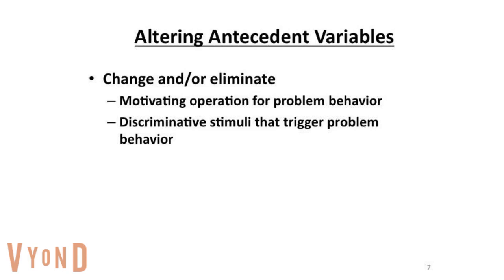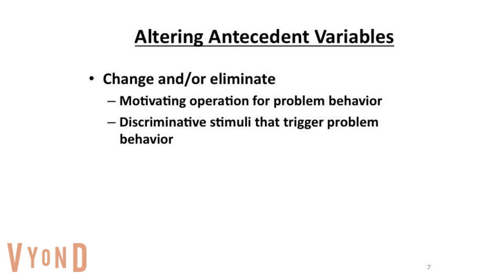For example, if you were to change the motivating operation for attention-seeking behavior, we would go back to, I forget what chapter it is, abolishing operations and non-contingent reinforcement, right? So we would offer maybe non-contingent reinforcement for attention, and that would serve as an abolishing operation, which would then decrease the need for the learner to exhibit the problem behavior to get attention.